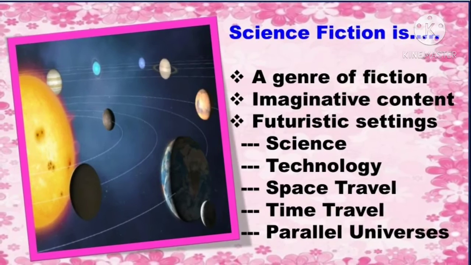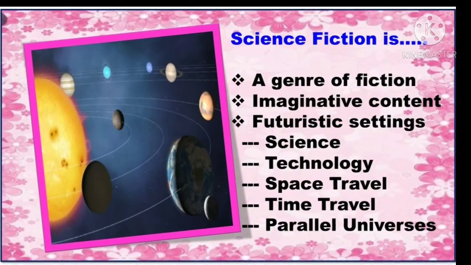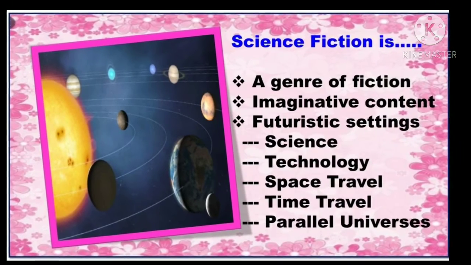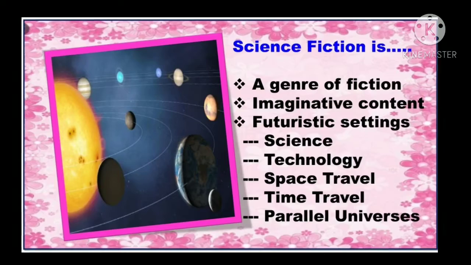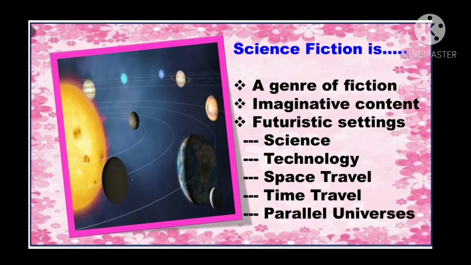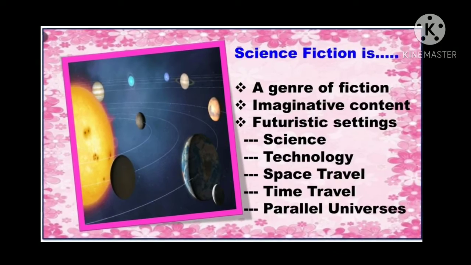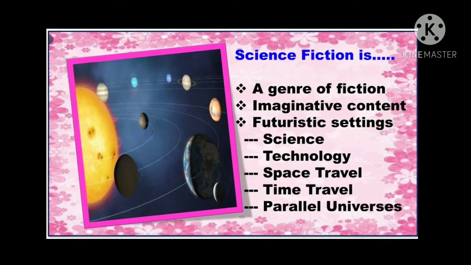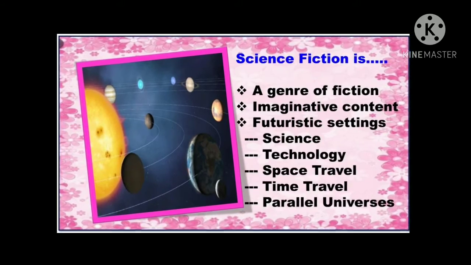Okay, can you imagine a day without the sun? This supplementary reader, All Summer in a Day, is a science fiction story that explores the theme of life on Venus, the other planet, which as of today is not a possibility. Okay, do you know what is a science fiction?